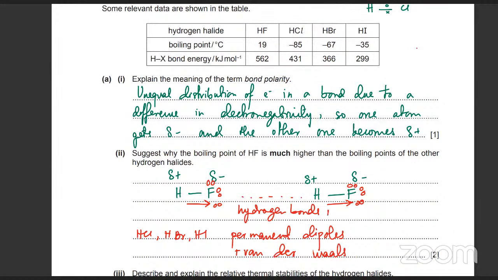HF also has van der Waals forces. Remember, van der Waals forces are always present. But the main difference is that HF has hydrogen bonding. The other mark is for the fact that hydrogen bonding is a lot stronger. So you're going to write one statement that hydrogen bonds are a lot stronger, and a lot more energy is needed, which is why they have higher boiling points.